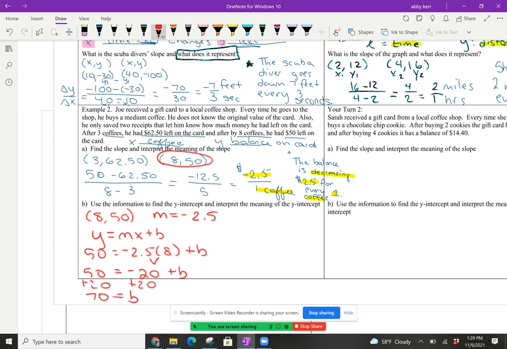So b equals 70. Now, the whole point of this is to figure out what the y-intercept stands for. And the y-intercept has always stood for the starting value. So the starting value of what? Right here. He does not know the original value on the card. So the starting value, or the starting balance of the gift card, is $70.